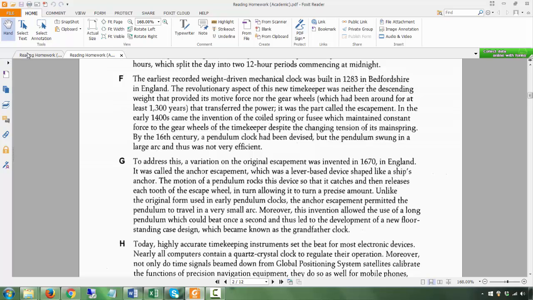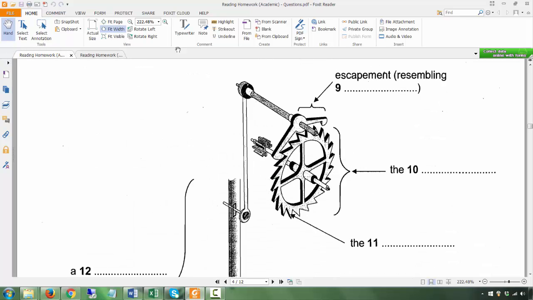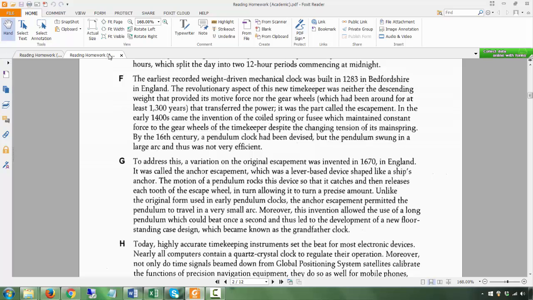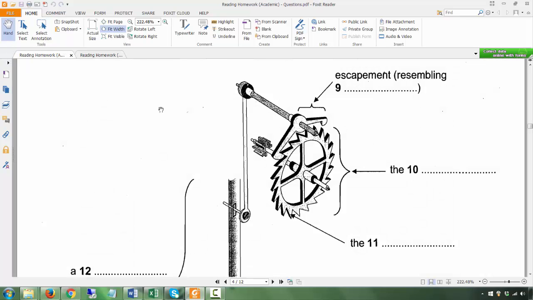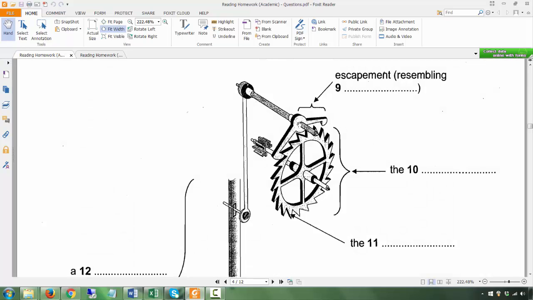Okay, so next, the what? Okay, so what is this thing? The answer for this is the motion of a pendulum rocks this device so that it catches and then releases each tooth of the escape wheel. Catches, you see these 2 parts?